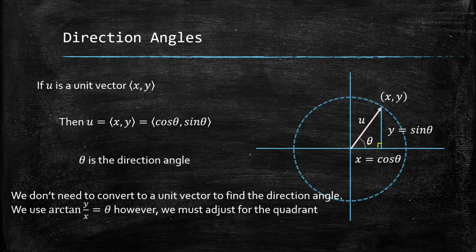What I really just need to find is the y value divided by the x value, and that's going to give me tangent theta, right? So tangent theta is sine theta over cosine theta, which is y over x. And we're going to be able to use that throughout the rest of our vector addition.